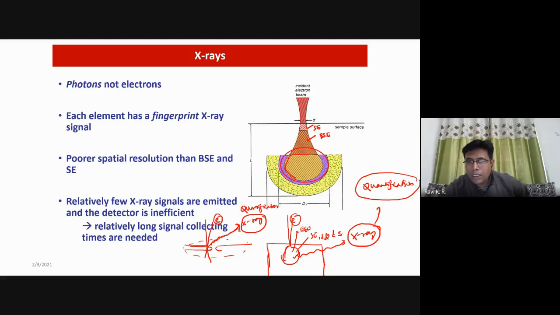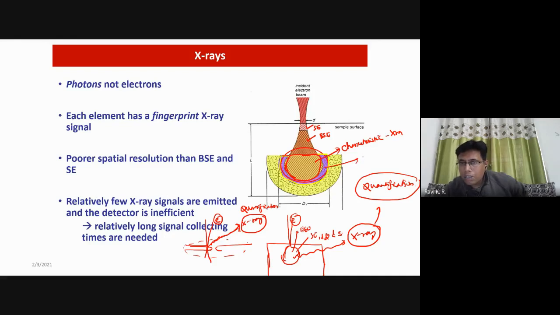You get X-rays from, let me just show you, this particular entire region, but our focus is this portion. Okay, what is that difference? This is actually your characteristic X-ray.